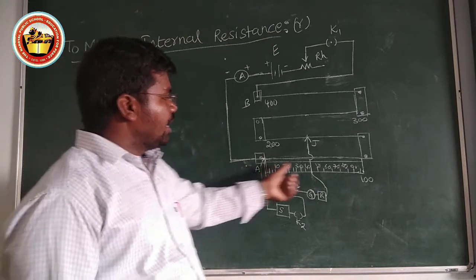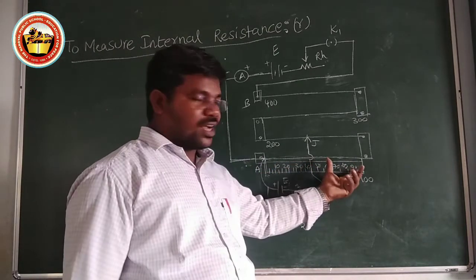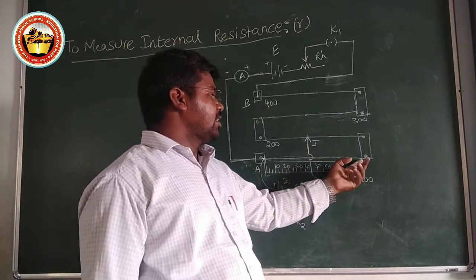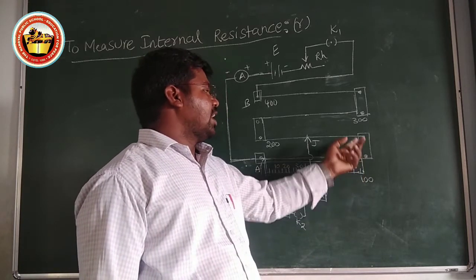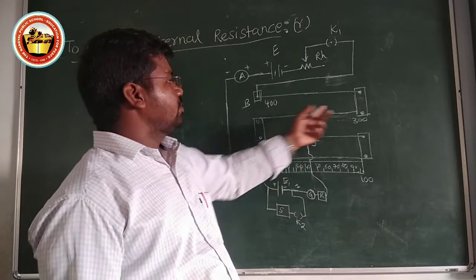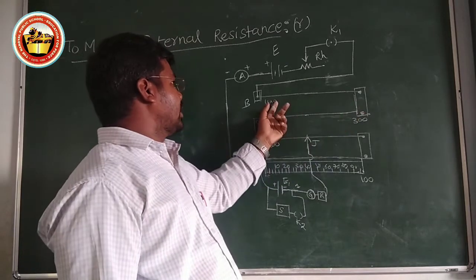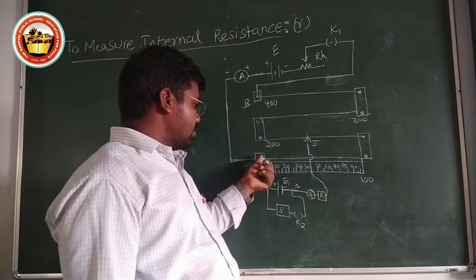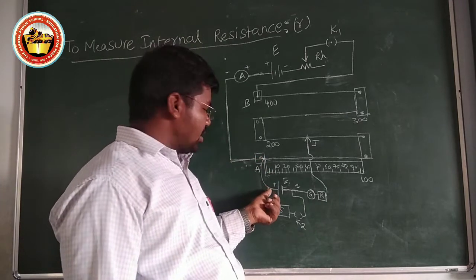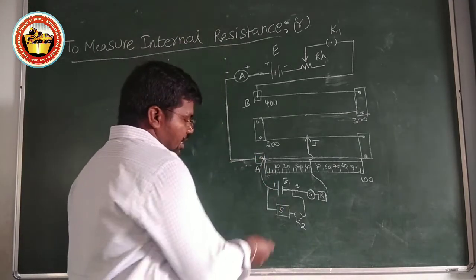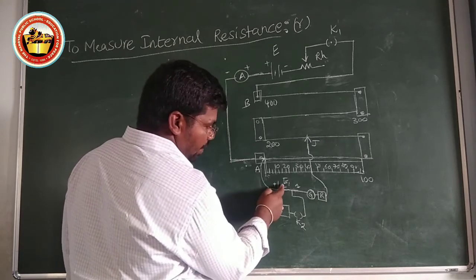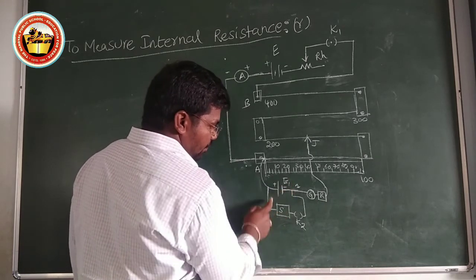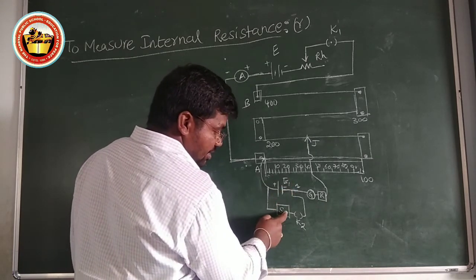AB is a 1 meter wire, that is 100 centimeters, and 100 to 200, 200 to 300, 300 to 400. From here we have one connecting wire, and this connecting wire splits. One is the E1 EMF, another one is the resistance.